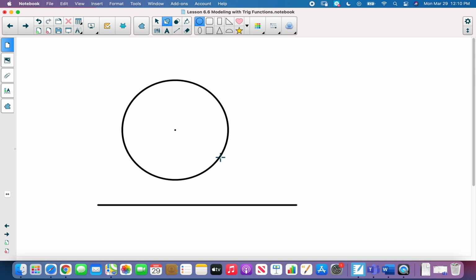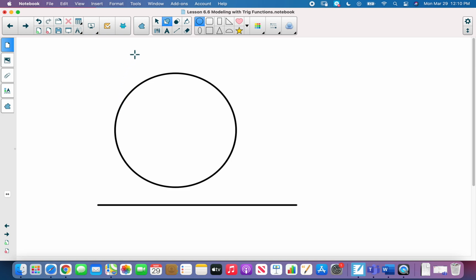So let's try to understand the scenario. Let's say this is the ground. Let's say we have a Ferris wheel like this, right? And it tells us in the question that the diameter is 16 meters.